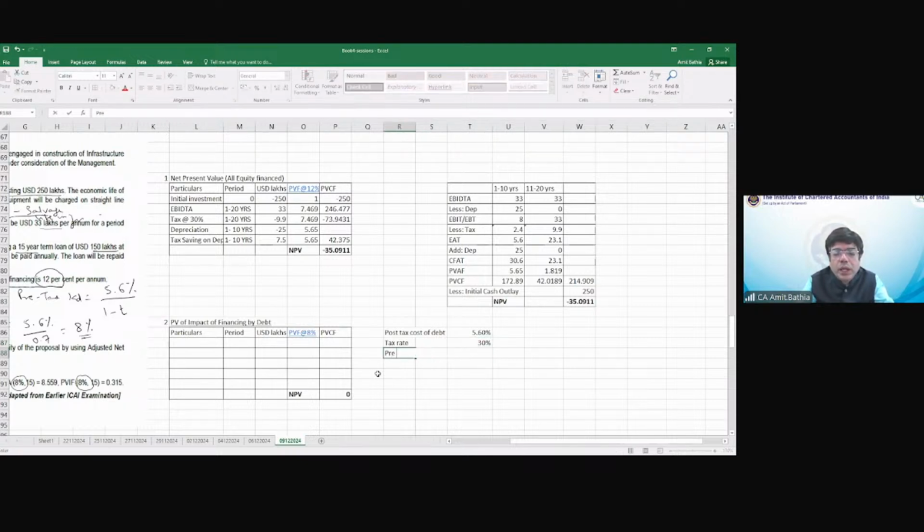So pre-tax debt cost will be how much? It will be 5.6 divided by 1 minus 30%, right? So I get 0.08 or in percentage terms 8%. This becomes my required rate of return for debt financing, right?